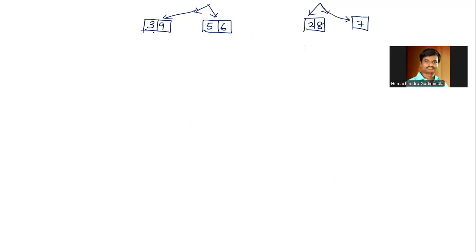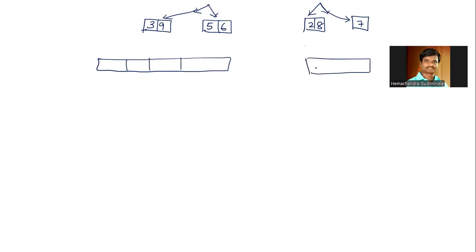Right now, first I'm going to compare. I will create one vector which is same as 1 2 3 4, and here it's 3 elements. Now 3 I'm going to compare with 5.